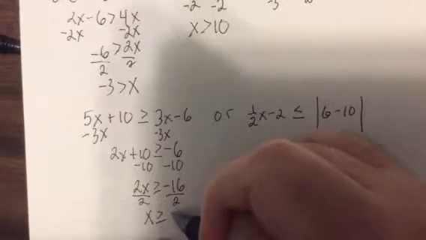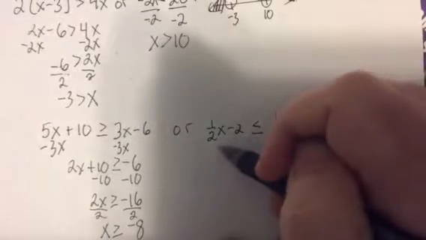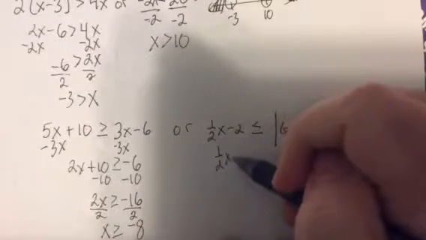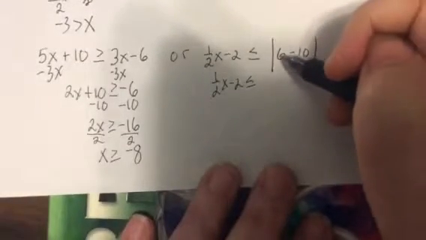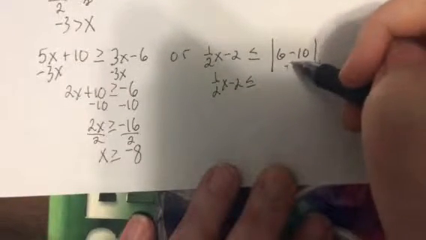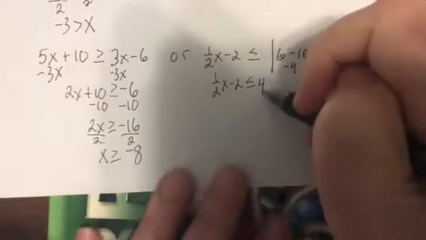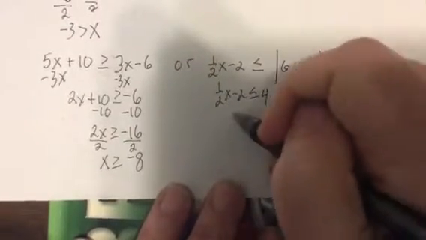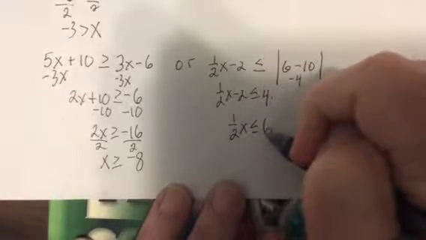Then this one, I have 1/2 x minus 2 is less than or equal to, now I'm going to do two steps here. 6 minus 10 is -4, and the absolute value of -4 is 4. So I'm going to add 2, so 1/2 x is less than or equal to 6.